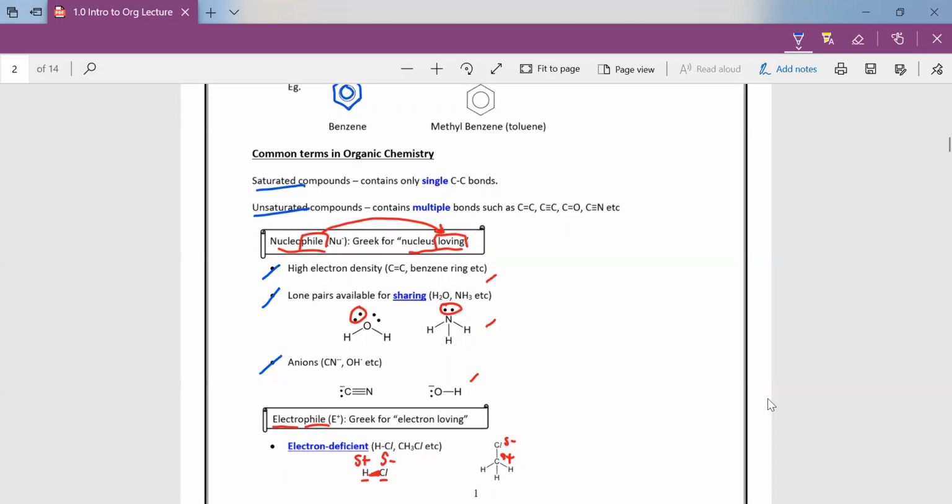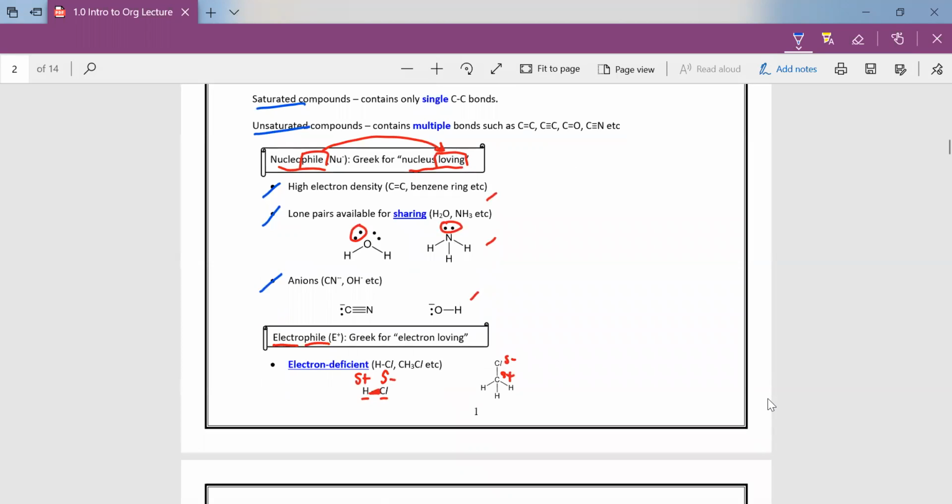Whereas electrophile is just the opposite because they are electron loving, so they themselves tend to be electron deficient. So you can see here that you have some partial charges. These are due to your electronegativity, which you have learned in your chem bonding.